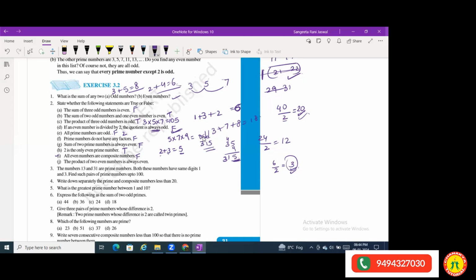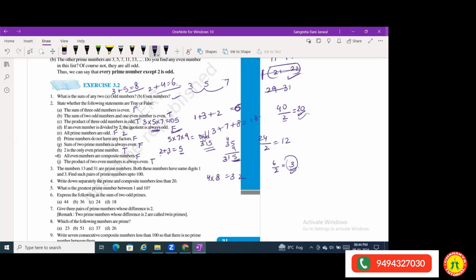Yes, Divesh, you tell me. 4 into 2, 8. If we take any two even numbers, the product is always even. Ma'am, you can try with more numbers also and check, like 6 into 8 is equal to 48.